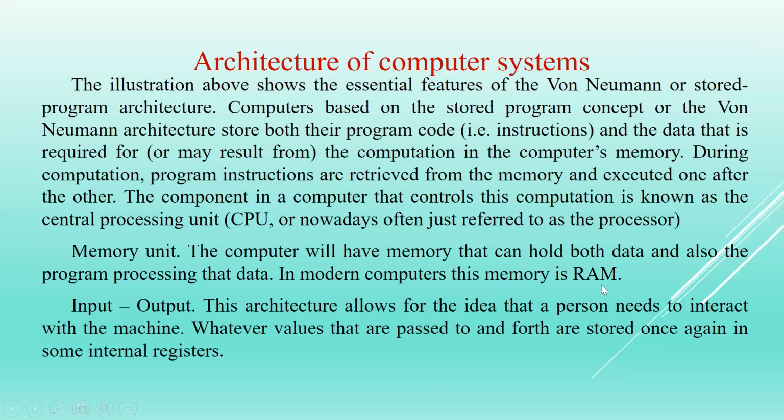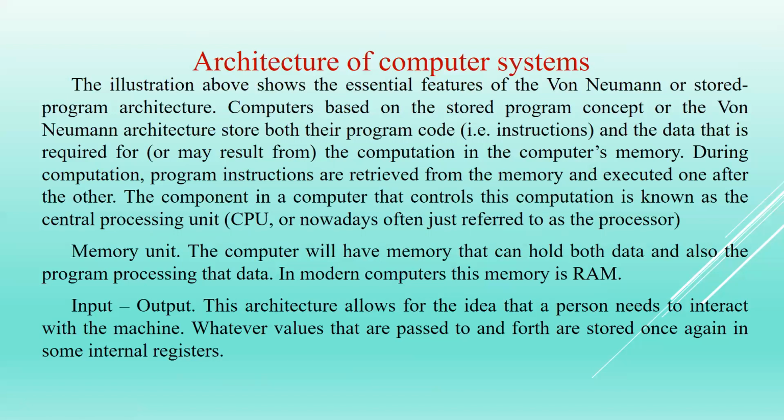The illustration above shows the essential features of the von Neumann or stored program architecture. Computers based on the stored program concept, or the von Neumann architecture, store their program code and the data that is required for the computation in the computer's memory.